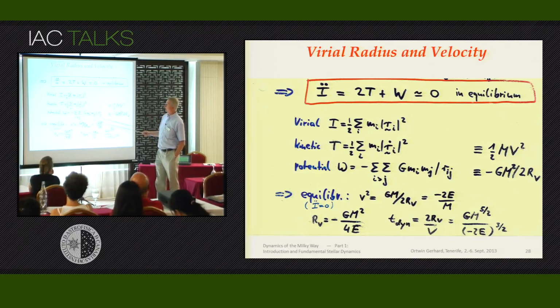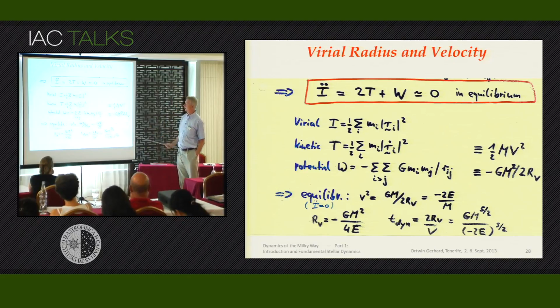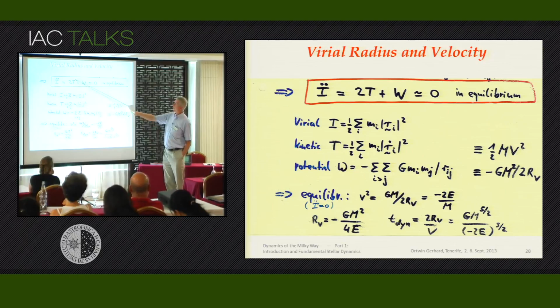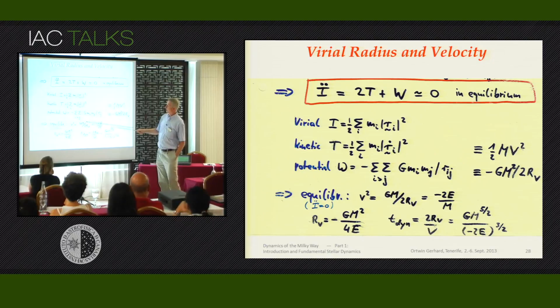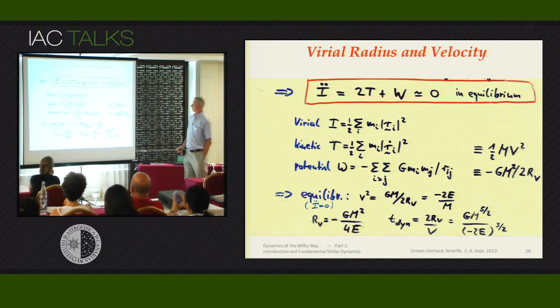And we could rewrite the potential energy, W, as something of the same dimensions as this here, by defining a so-called virial radius, R_V, in this way. So this will be GM squared over twice the virial radius. And then if you put this into this virial equation here, then you will see that the mean v squared, defined in this way, is going to be equal to GM over twice the gravitational radius.